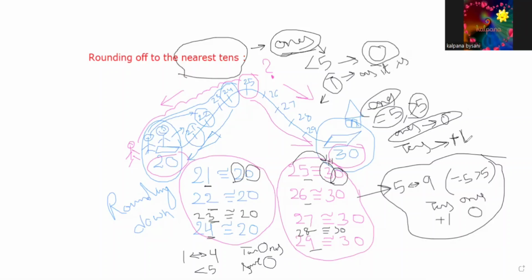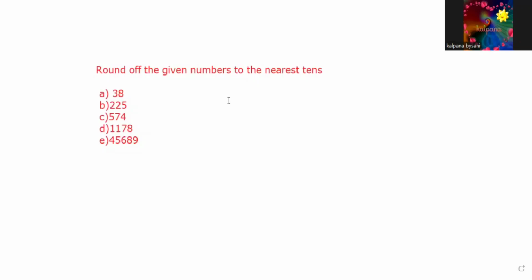Hope you all understood. We will solve a few examples so that you all will understand nicely. Let's explain a few examples of how we will find rounding to the nearest tens. The first number is 38. Children, as you already know, 38 lies between which two tens? Guess: 30 and 40.